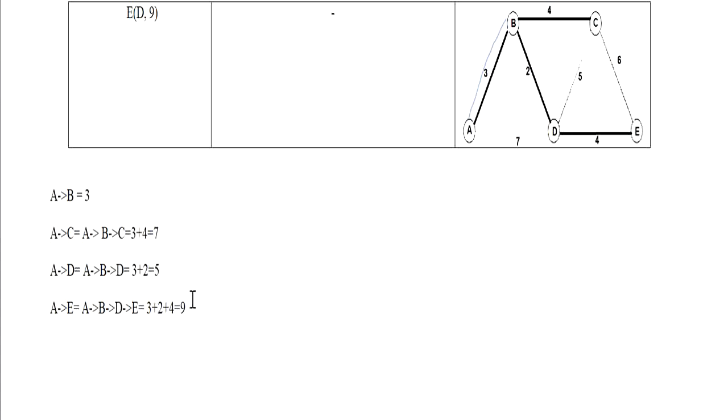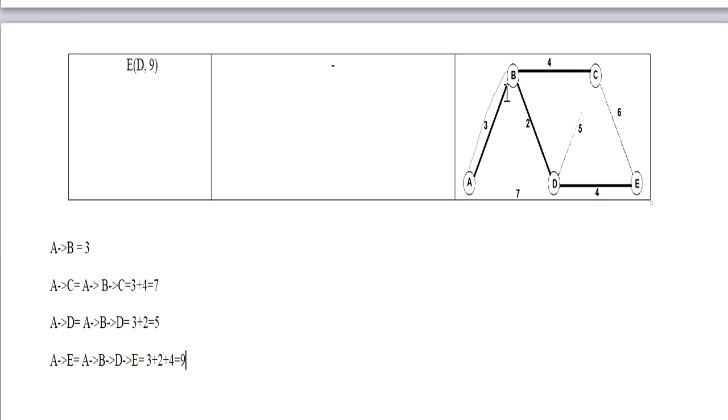So these are the vertices I can reach from vertex A: A to B, A to C, A to D, A to E. These are the routes which I am going to travel to reach each vertex.